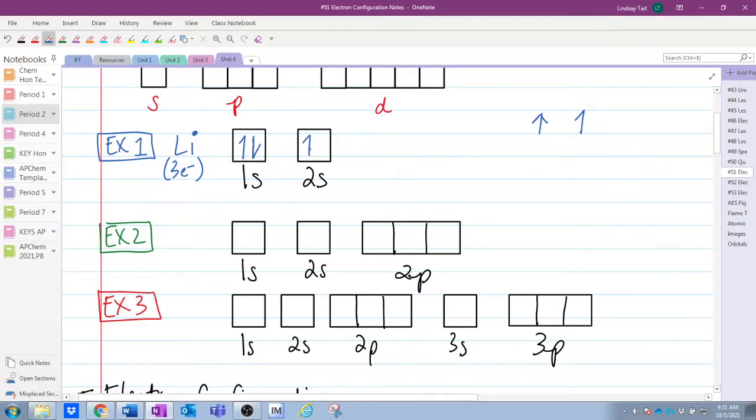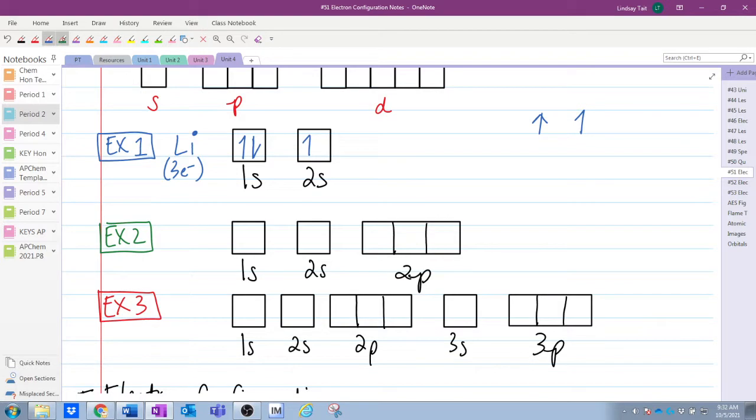And again, just convention, we start with the up arrow first. And that's it, we are done. Nothing else, no other arrows. That is the orbital diagram for lithium. 2 electrons are in the 1s sublevel, 1 electron is in the 2s sublevel, and the 1s electrons have opposite spin.